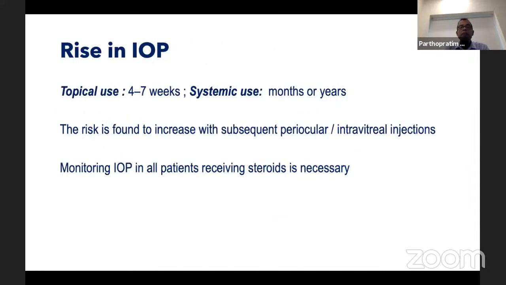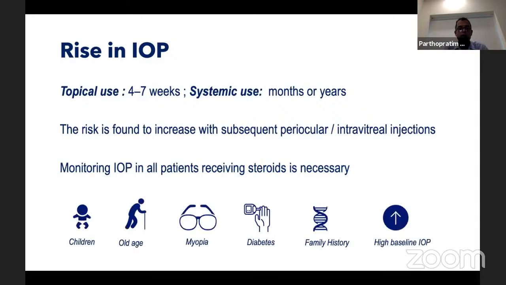So rise of IOP with topical use can occur in 4 to 7 weeks, and with systemic use, it can happen anytime. So the take-home message is always check the intraocular pressure when you're starting the patient on any form of steroid. Don't think that this form or this route of steroid is safer than the other. Patient can develop steroid response with any form and any route of steroid.